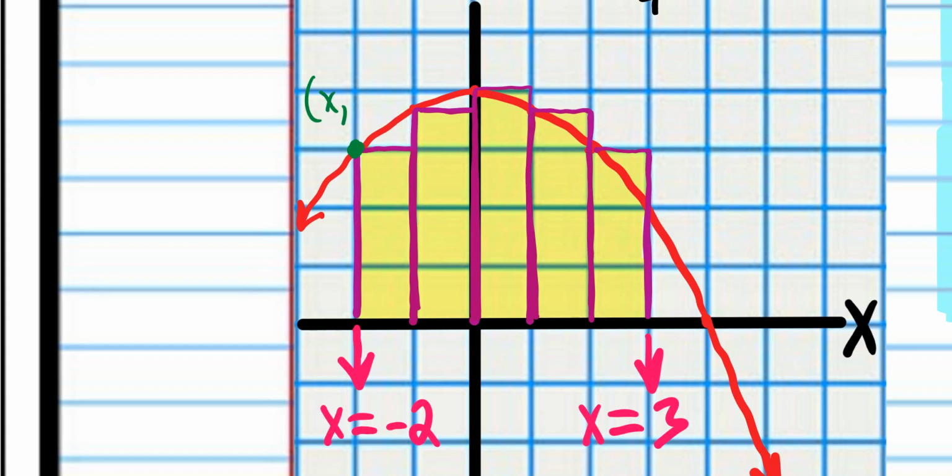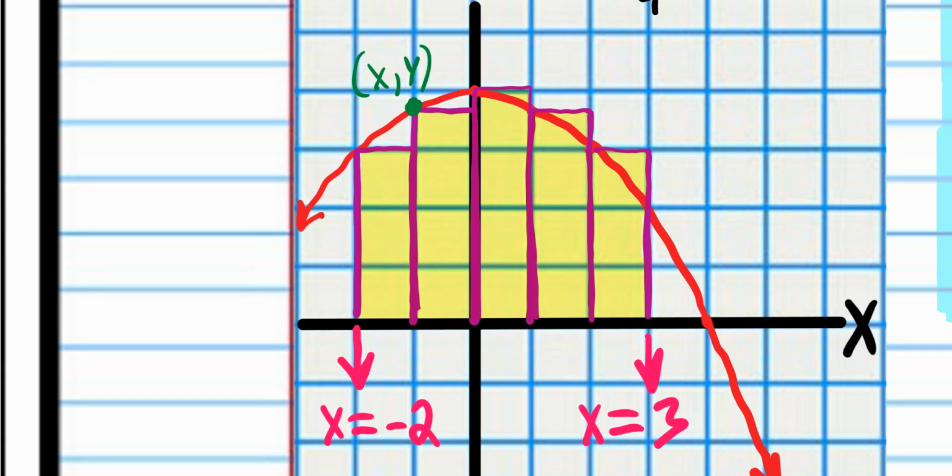So this point is xy, right? We'll just call it xy. The y value of this point is the height of this rectangle. And the y value of this point over here is the height of the second rectangle, this rectangle here.